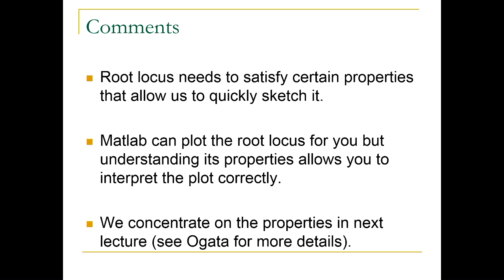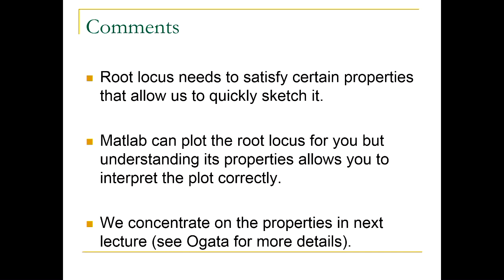In the next lecture, we will present formulas so that you can find exactly each of the features of a given root locus. If I give you an example, you can find the number of asymptotes and plot them. You can find the part of the real axis that belongs to the root locus. You can find open loop zeros and poles, and departure angles. All of those features, we will learn how to plot.